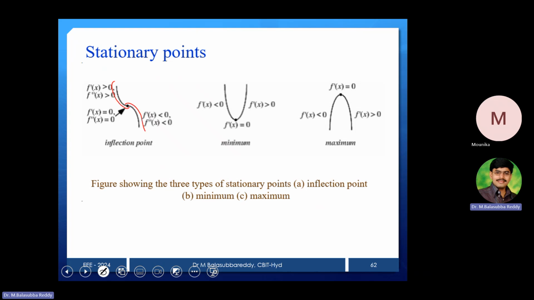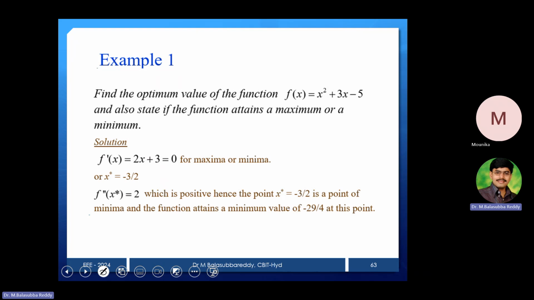And minimization: the lowest point, where f dash is equal to 0, we call a minimization point. Or maximization: f dash is equal to 0 on the upper side, the maximum value peak, I call a maximization problem. Now, for example, f of x is equal to x square plus 3x minus 5.